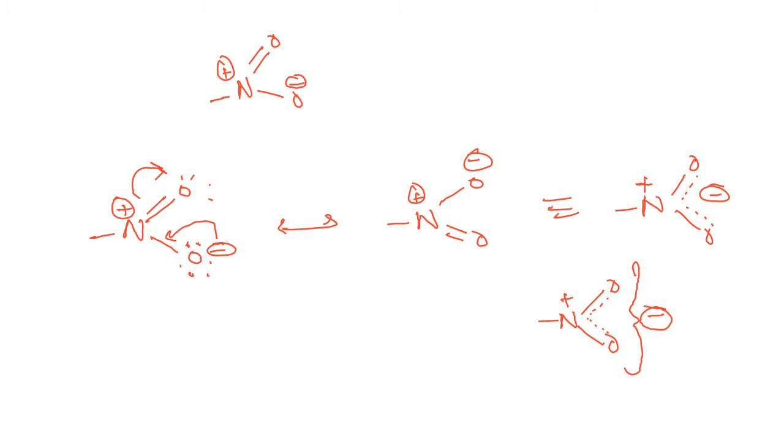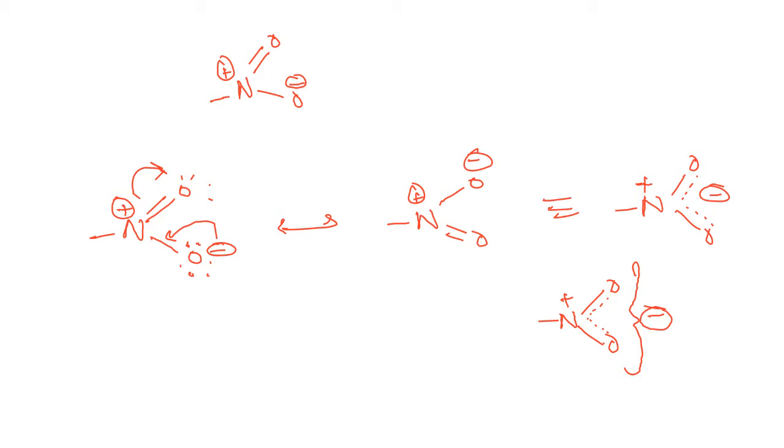Clear? These are known as the canonical structures. But by resonance hybrid, the NO bond lengths are same due to resonance hybridization.